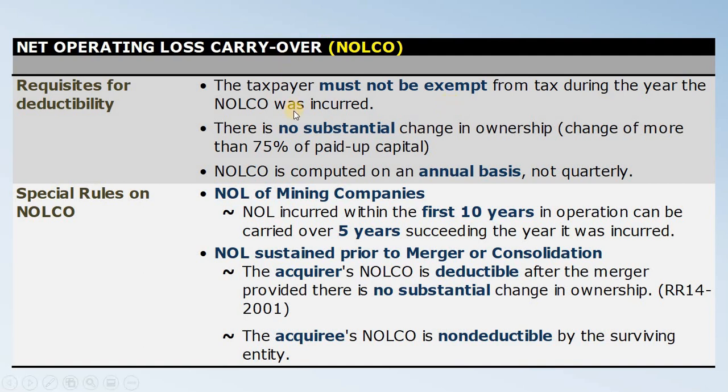Then, there should be no substantial change in the ownership of the business. And when we say substantial, the change is more than 75% of the paid up capital. So if there is a change in the paid up capital, but it is less than 75%, there is no substantial change in the ownership and the NOLCO can be deducted.